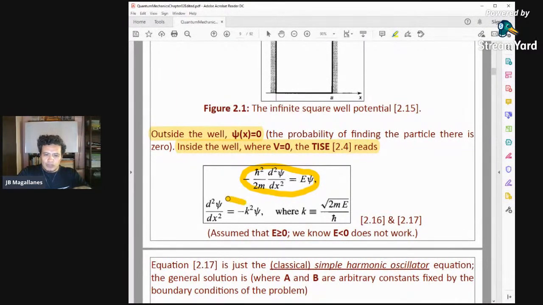We can transform that into this expression where k is equal to the square root of 2mE over h bar. m there is, of course, the mass of the particle, and h bar is the reduced Planck's constant.